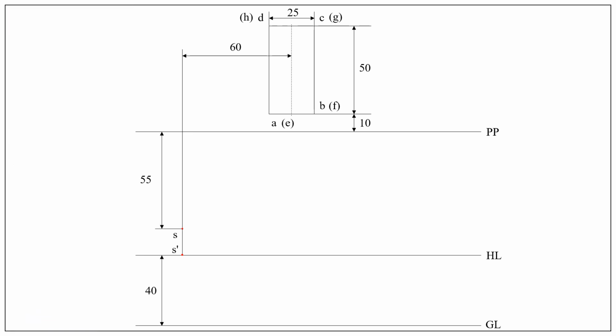After drawing the top view and the positions of the station point in top view and front view, we need to draw the front view of the given object, that is the square prism, corresponding to the position given in the problem statement.